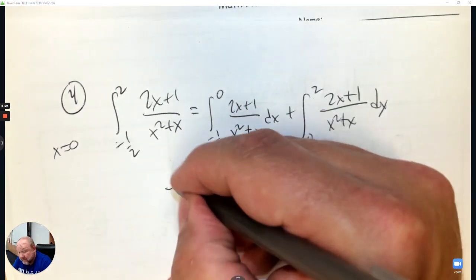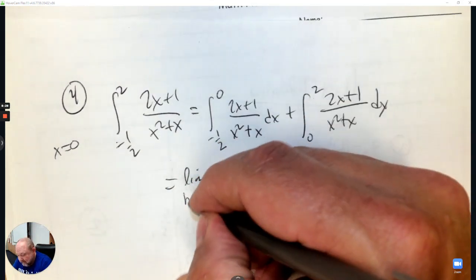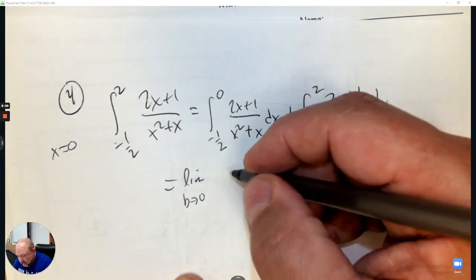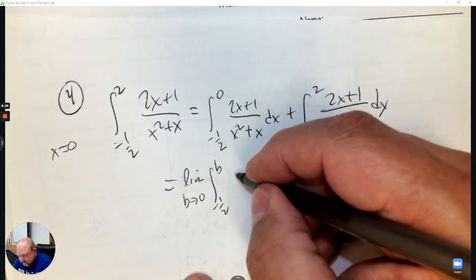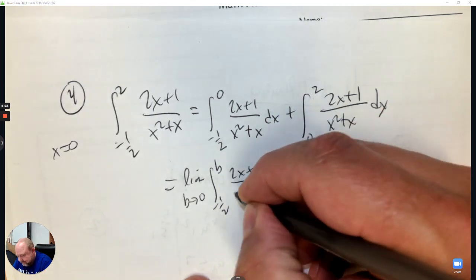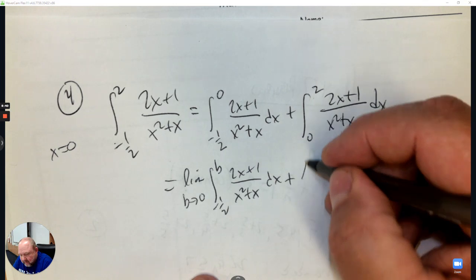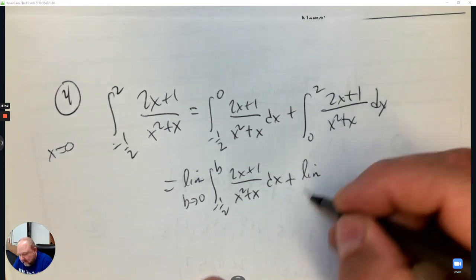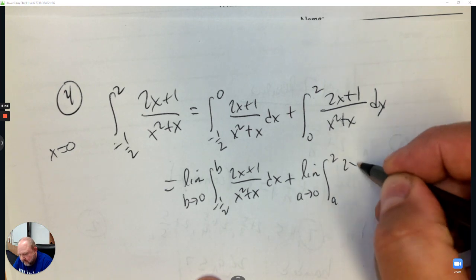Then we're going to set these up as limits. So for this one, I'll say the limit as b approaches 0, and then change it to b. And then for the second one, again, as a limit, I'm going to call that as a approaches 0, from a to 2 of the same one.